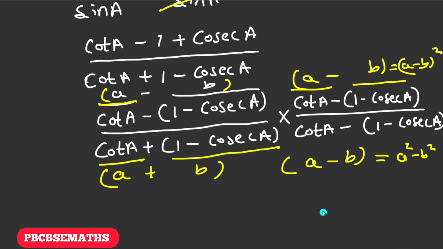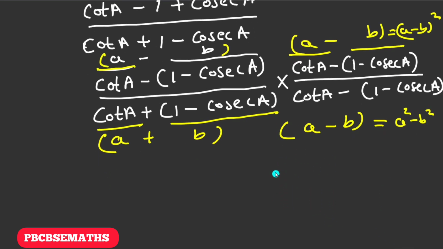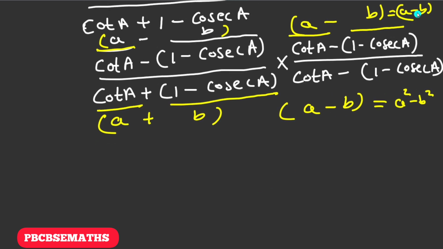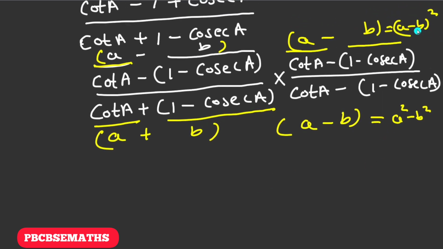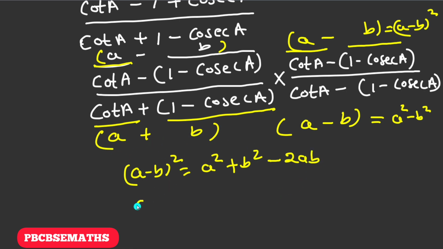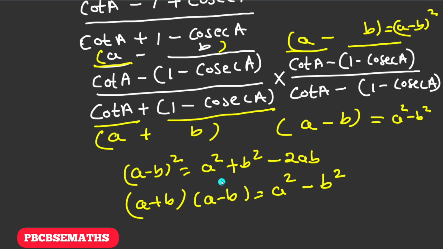We know that this (A minus B) whole square is equal to A square plus B square minus 2AB, and this (A plus B) into (A minus B) is equal to A square minus B square.